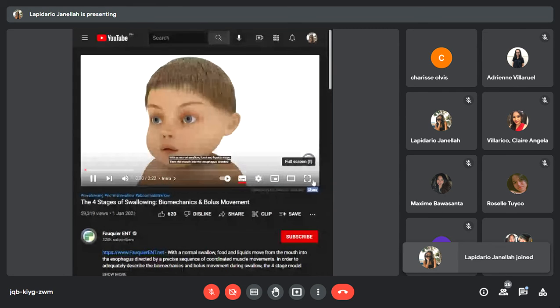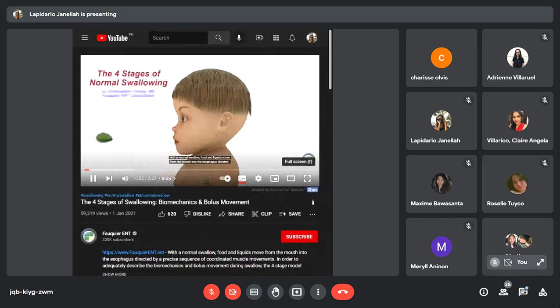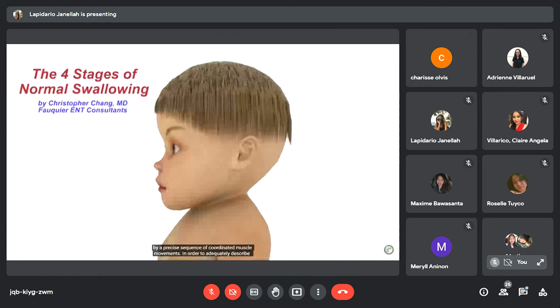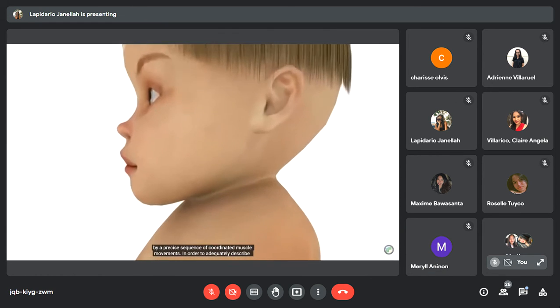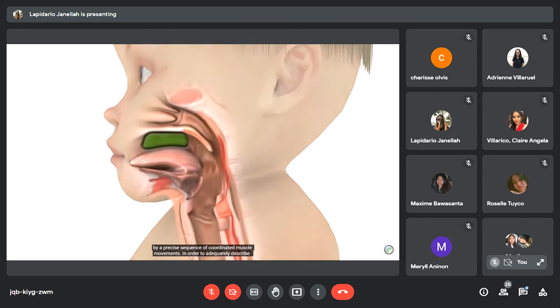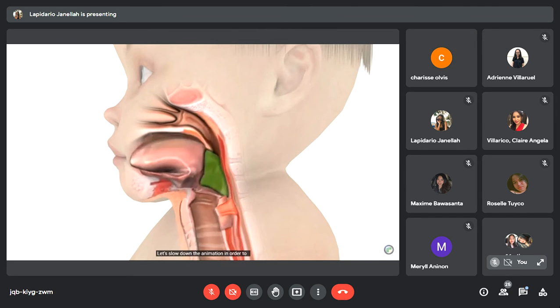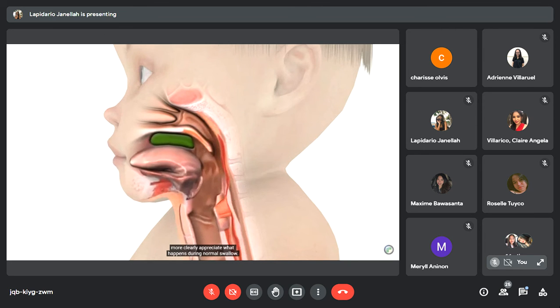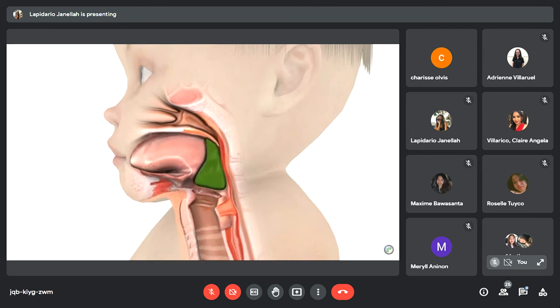With a normal swallow, food and liquids move from the mouth into the esophagus directed by a precise sequence of coordinated muscle movements. In order to adequately describe the biomechanics and bolus movement during swallow, the 4-stage model was developed. Let's slow down the animation in order to more clearly appreciate what happens during normal swallow.